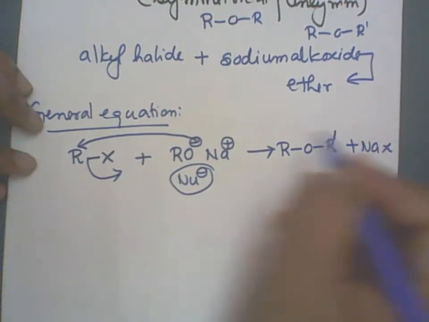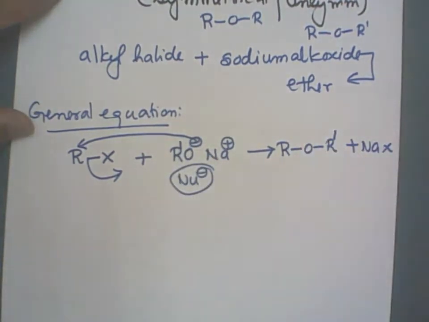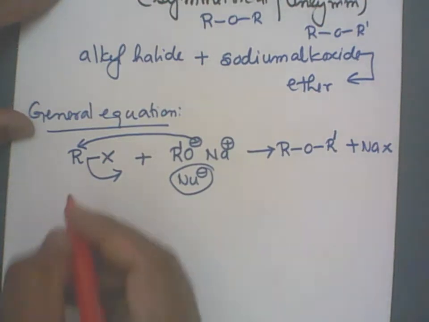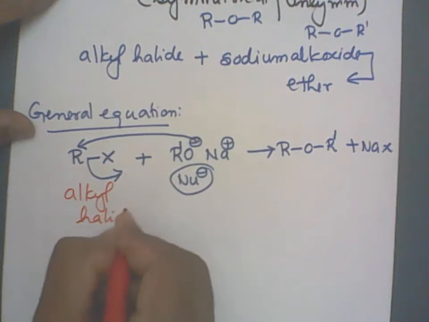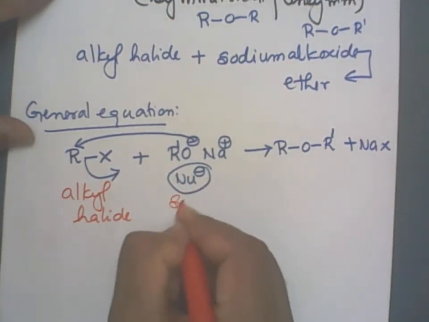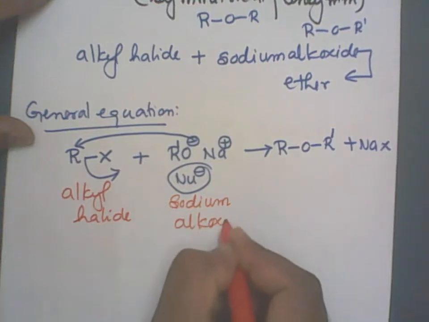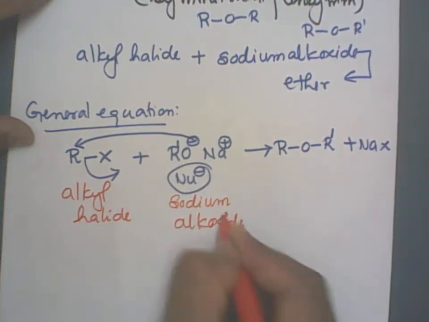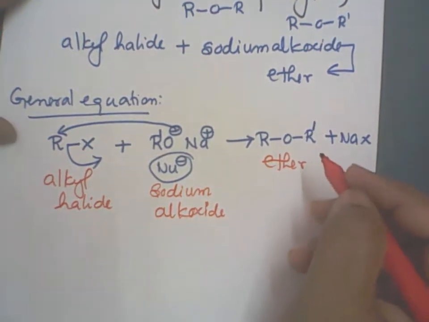Let me write R dash; we need not take the same R group. So alkyl halide reacts with sodium alkoxide to give ether, either symmetrical or unsymmetrical ethers.